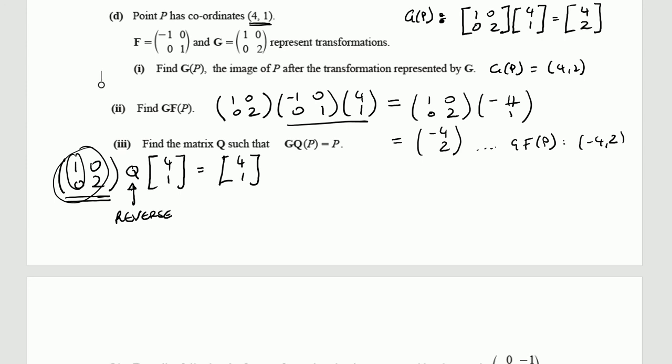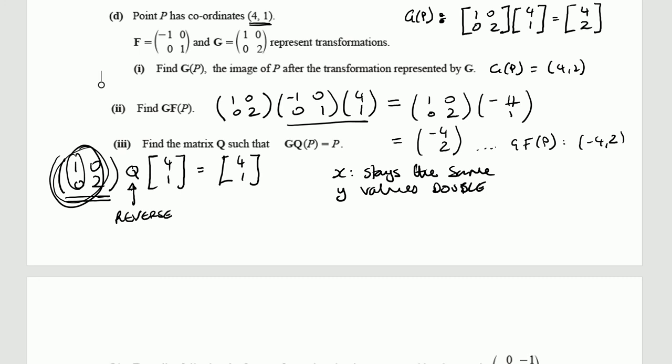In the second column, our 0, 1s representing our y values have become 0, 2s. In other words, nothing happens to x, x stays the same, but our y values double. That's the effect of this matrix over here.